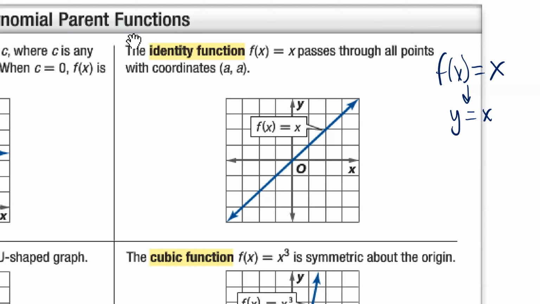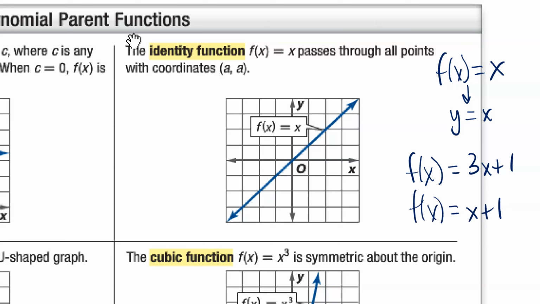A member of the family is all the linear functions. So if I had f of x equals 3x plus 1, or f of x equals x plus 1, these are all members of the family where the parent is the identity function. The identity function is just y equals x. That is the parent function of all our lines, and all the variations of lines would be in the same family.